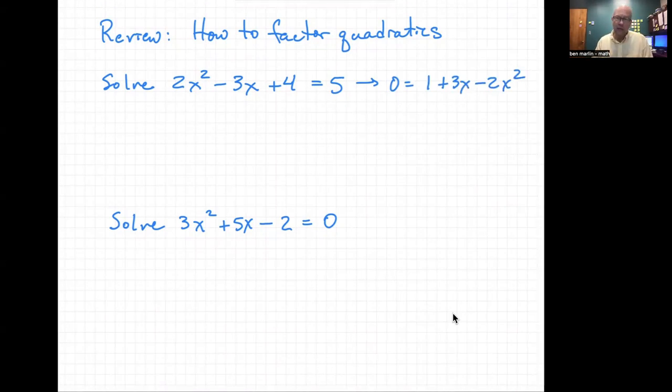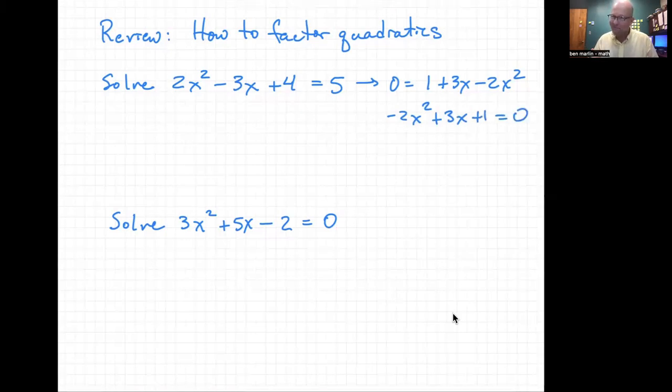I don't like having a minus for that sort of thing, so I would tend to put stuff on the other side. And one way you could do that is to just rewrite it as minus 2x squared plus 3x plus 1 equals 0.